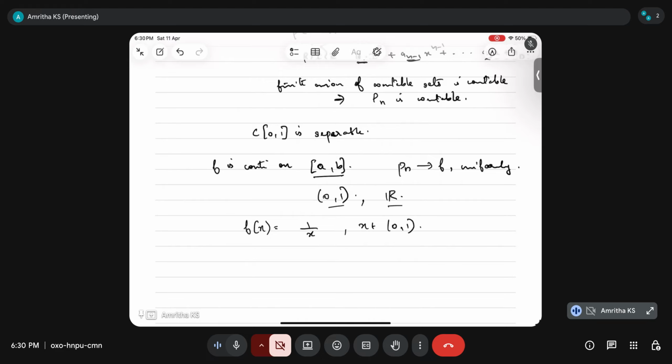But one should prove that there does not exist polynomials Pn that converge to f uniformly.